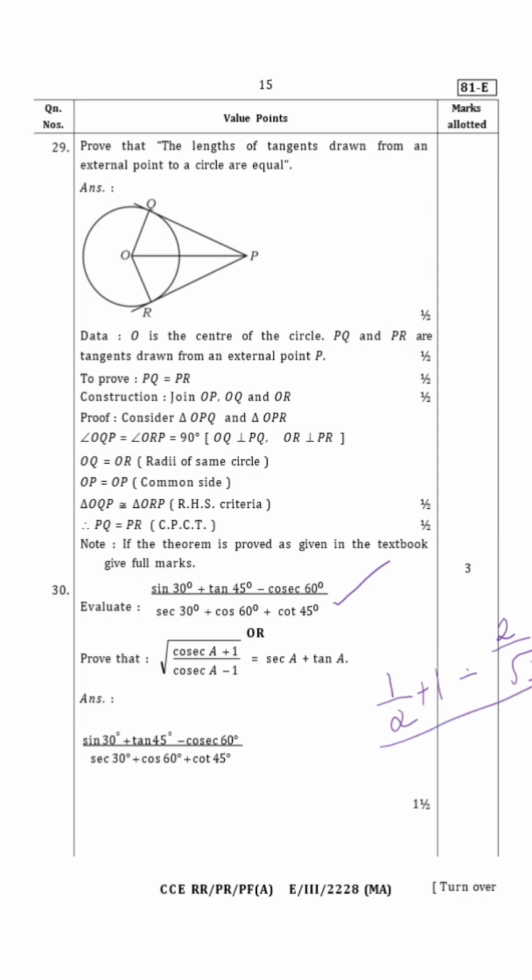Secant 30: if you know cos 30 is root 3 by 2, secant 30 is 2 by root 3. Cos 60 is, no, it is half. Cot 45 is 1.